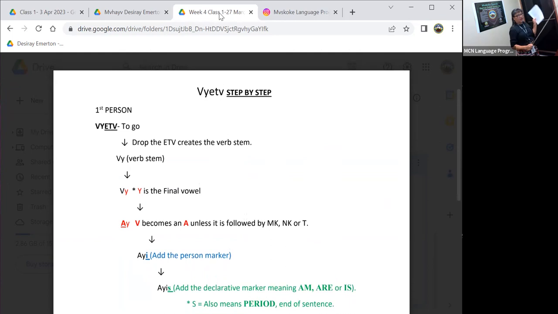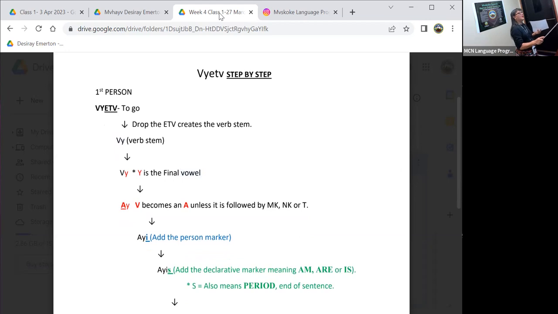And we're going to use our notes again. You drop the ETB according to our steps. You get the verb stem. And the final vowel is right here. It's a V, not the Y. I keep forgetting to update this one. But the final vowel is the V instead of the Y.